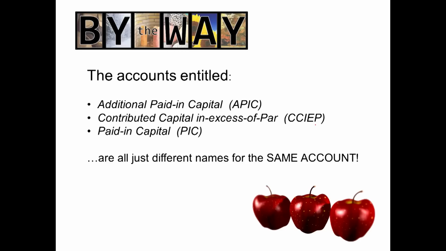By the way, you might want to write this down. It's not in your slides. There are accounts that are titled additional paid-in capital, and I often abbreviate that APIC. Or there's another account called contributed capital in excess of par, CCIEP. Or sometimes they call it paid-in capital. These are all just different names for the same account. Are you with me?